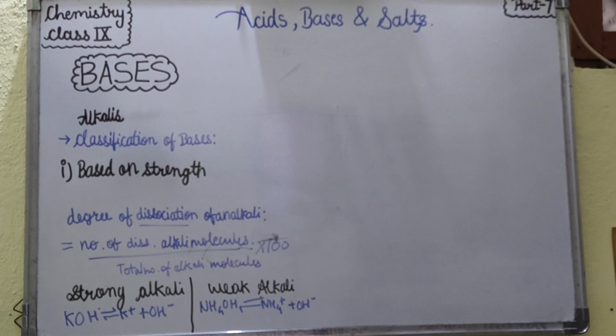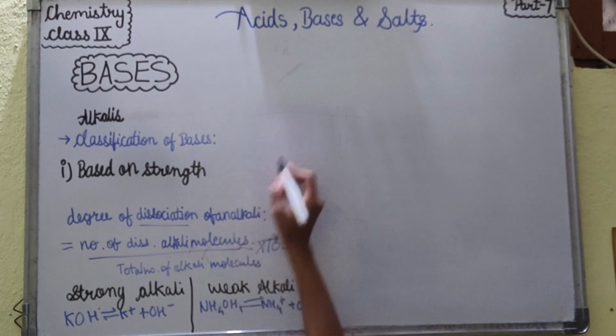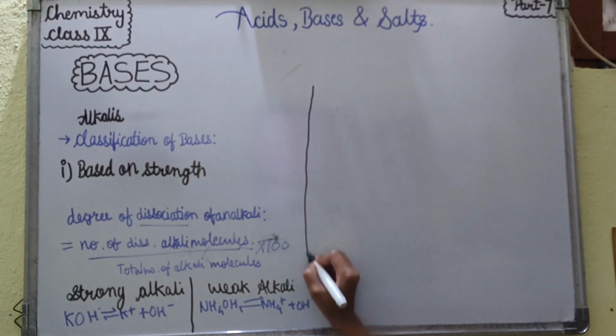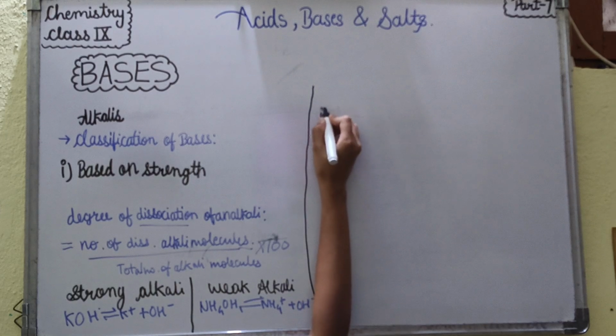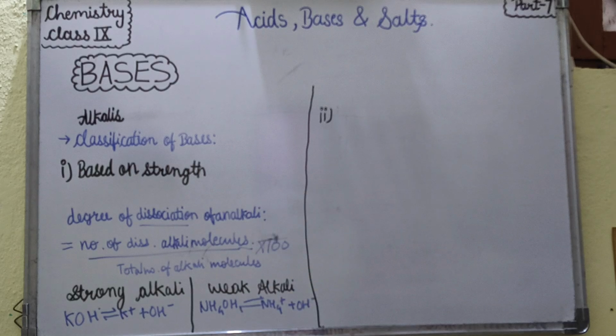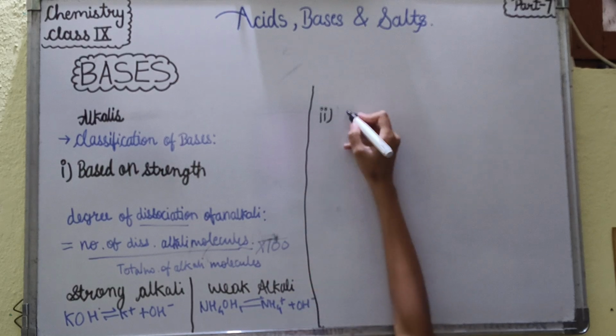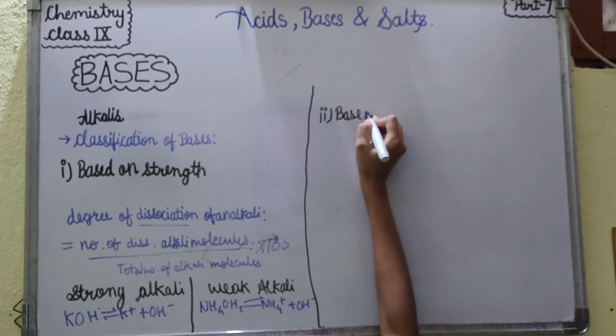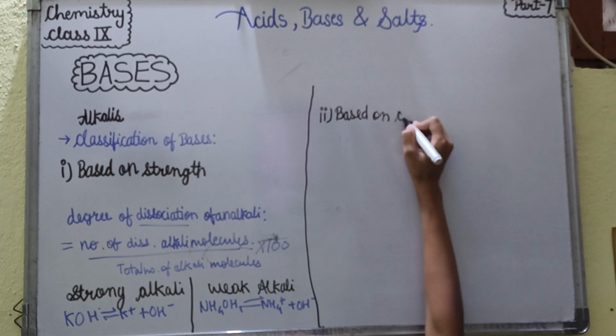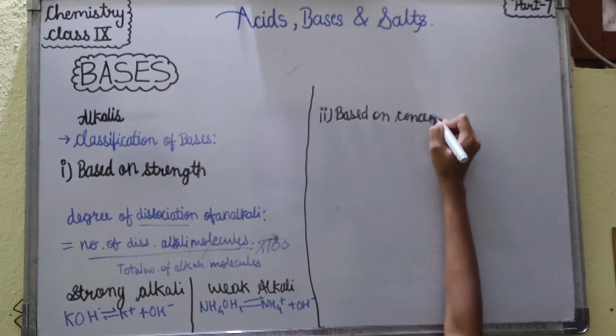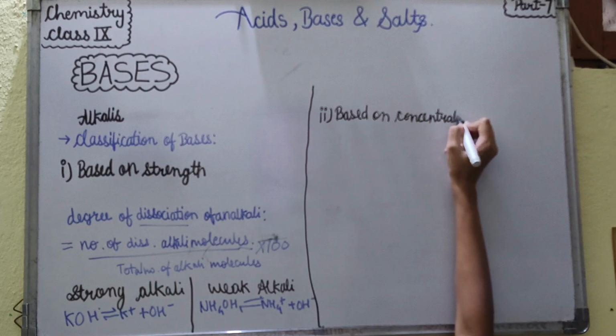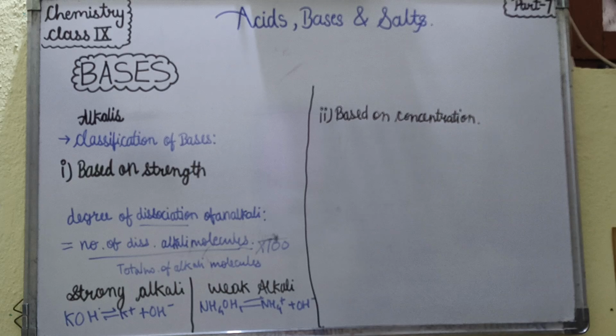Then the second classification is based on concentration. Concentration of the base or alkalis is the measure of the amount of water present in its aqueous solution.